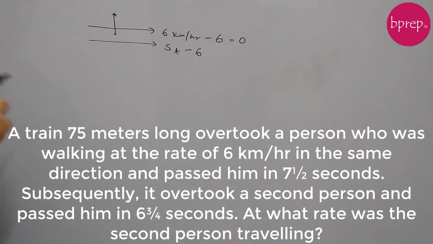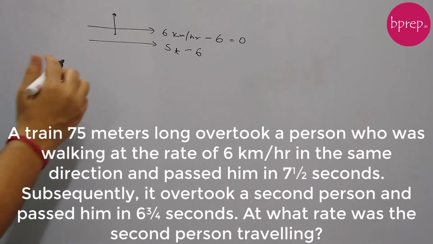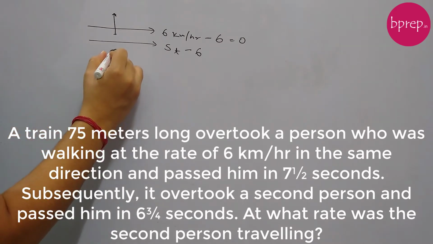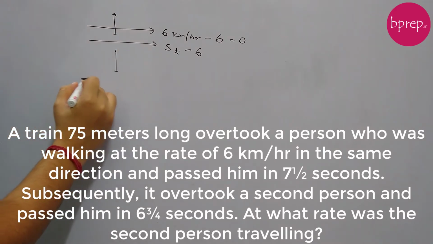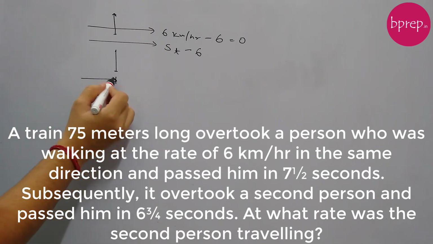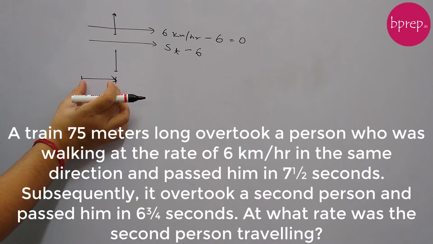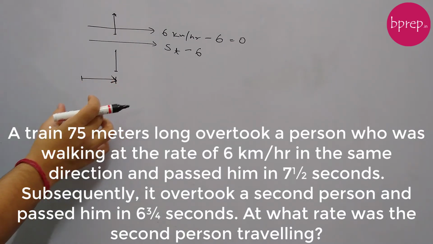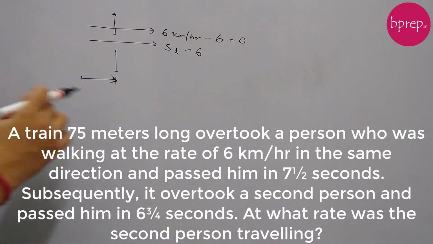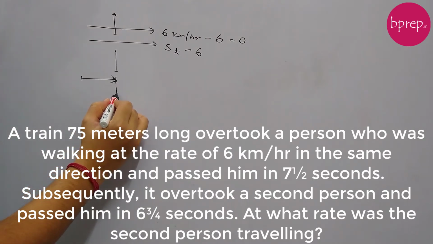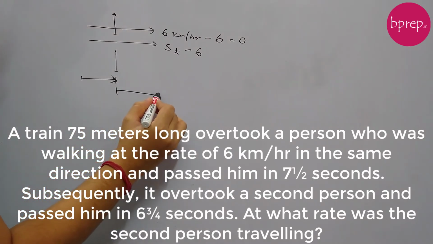Now, the train is 75 meters long. So what will happen here? See, if the person is standing here like this, and this is the train crossing him, this is the head of the train and this is the tail of the train. The train will start from here, and when can we say the train has crossed the person? When the train's tail has come here.